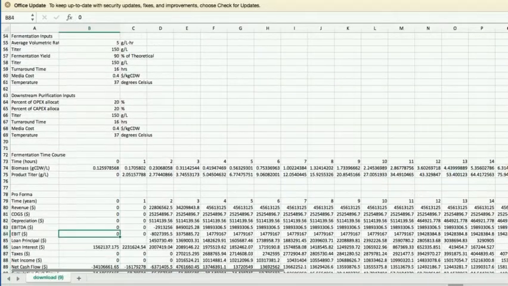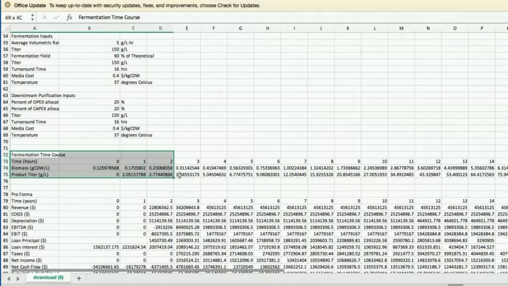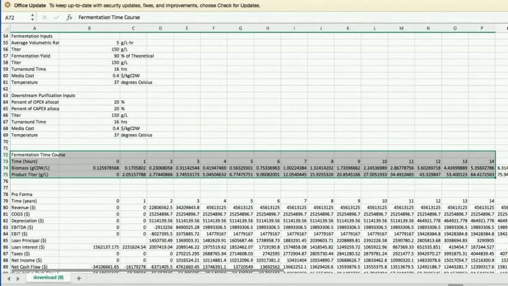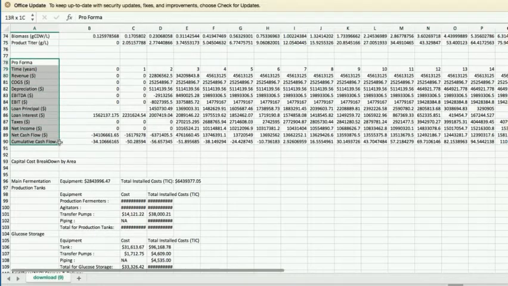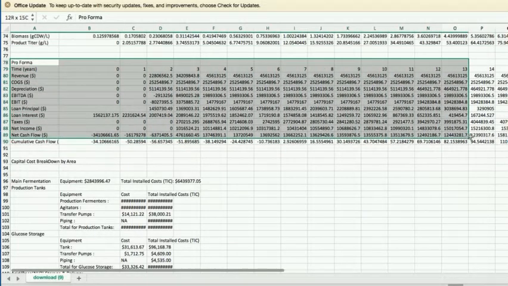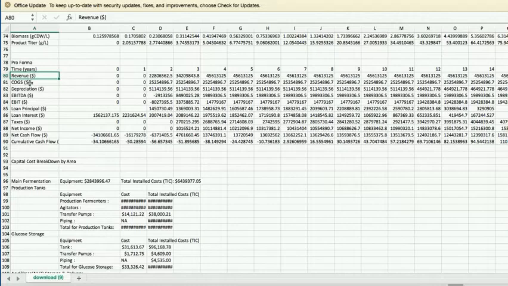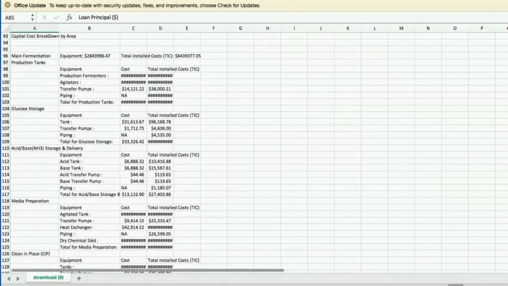It also includes the fermentation time course, and a more complete pro forma from the discounted cash flow analysis. Lastly, it includes a much more detailed breakdown of the capital costs by area. This complete information is provided to enable additional user-driven analyses or summaries as needed.